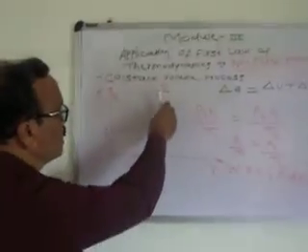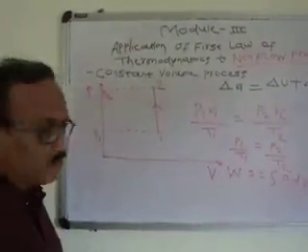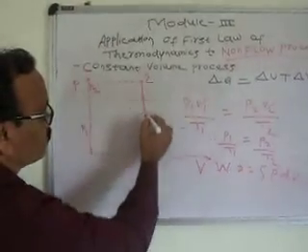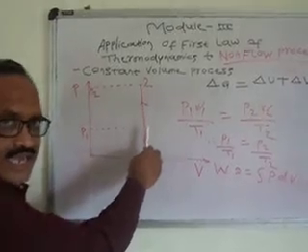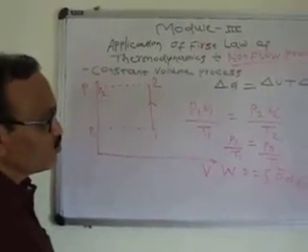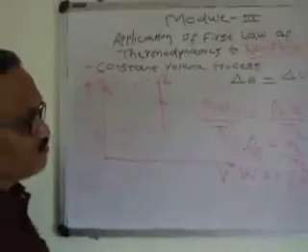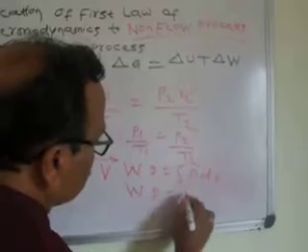Now this is a single line on the PV diagram. State 1 to state 2 follows the constant volume process, and there is no area, it just represents a single line. So there is no area below the curve, and work done in a constant volume process becomes 0.